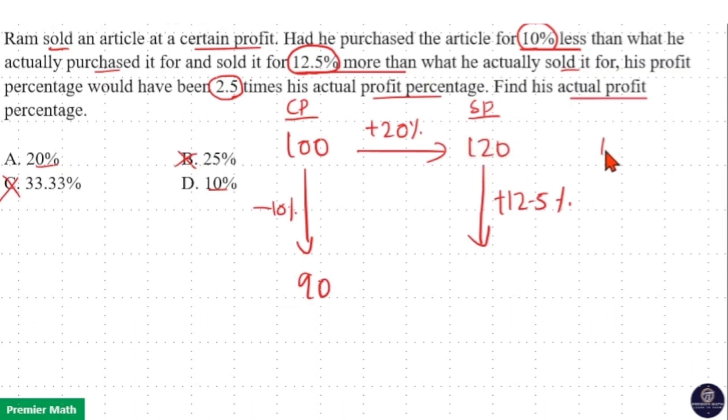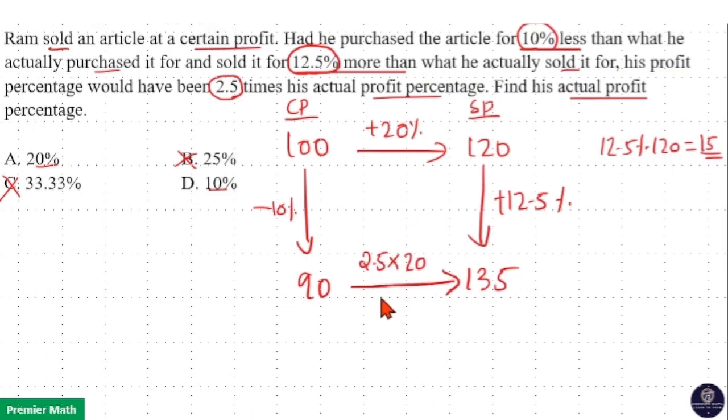That means 12.5% of 120 is equal to 12 plus 1 by 4 of 12, that is equal to 15. So 120 plus 15 is 135. Now you can see here, if he purchased it for 10% less and sold it for 12.5% more, the profit will be 2.5 times the original profit of 20. So 2.5 into 20 is 50%.